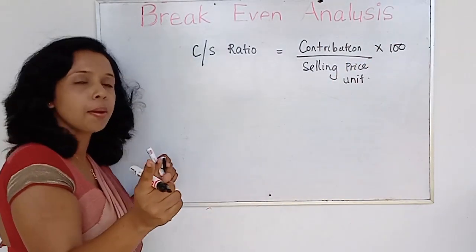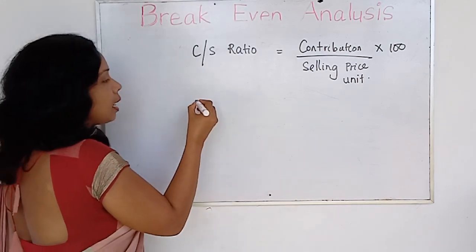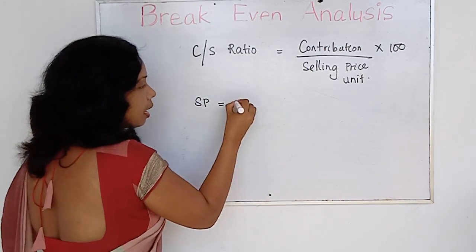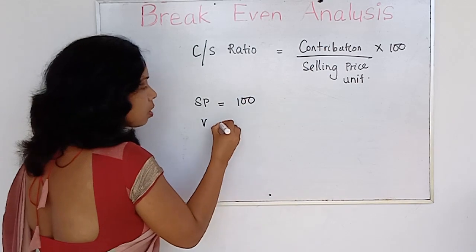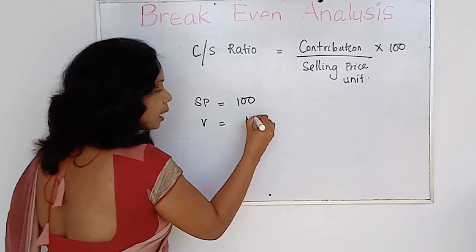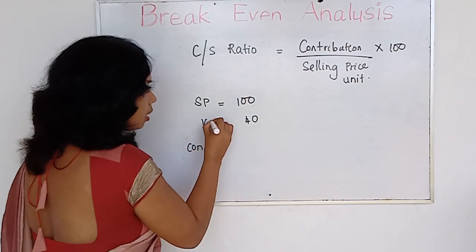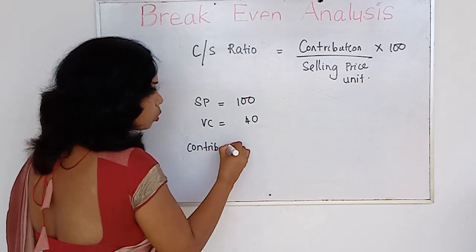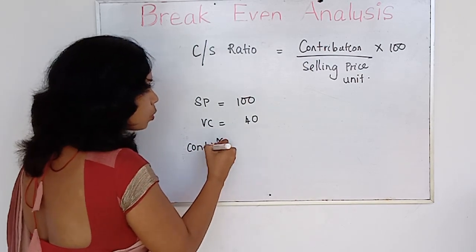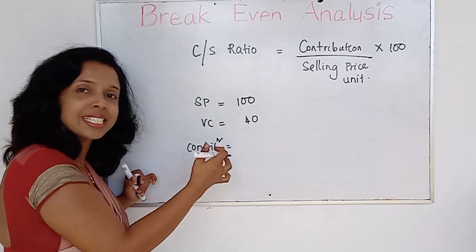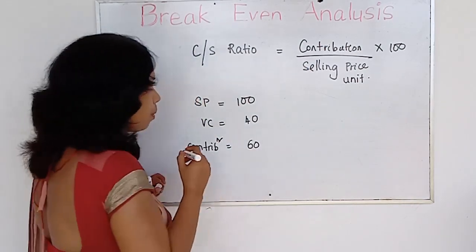Let's say for an example, my selling price is 100, right? And my variable cost is 40, and my contribution is, then what happened? Contribution, how do you find the contribution? The difference between selling price and the variable cost, it is the 60, right?